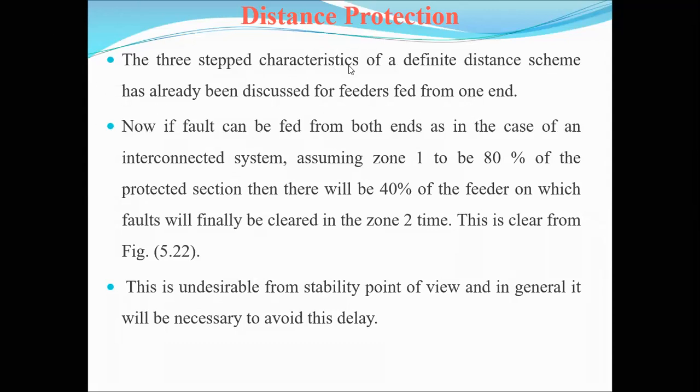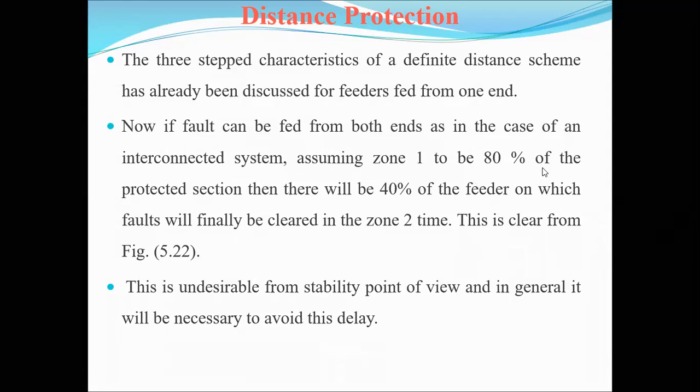The 3 stepped characteristics of a defined distance scheme have already been discussed for the feeder from the one end. Now, if a fault can be fed from both ends in the case of an interconnected system, suppose the faults are obtained at both points, the receiving end and the sending end.